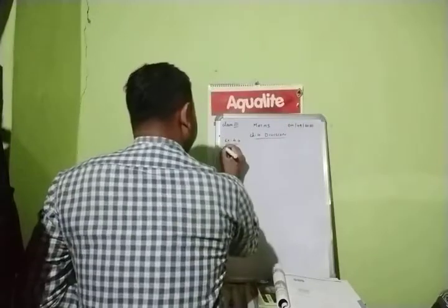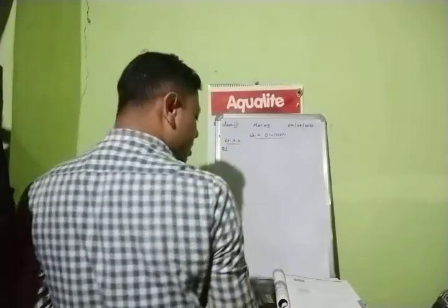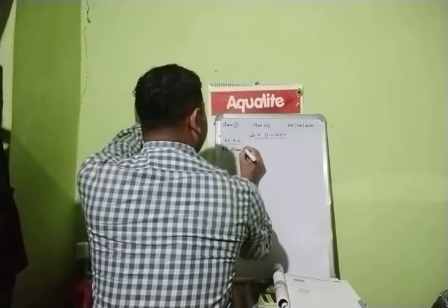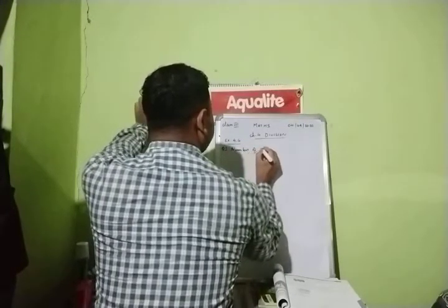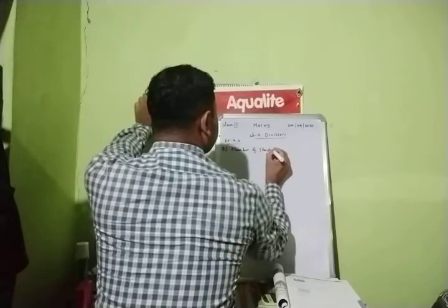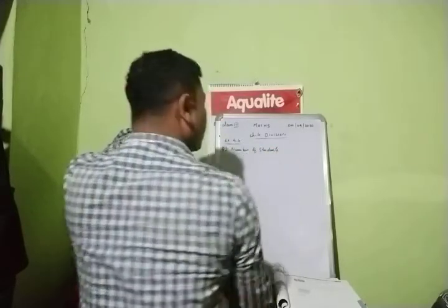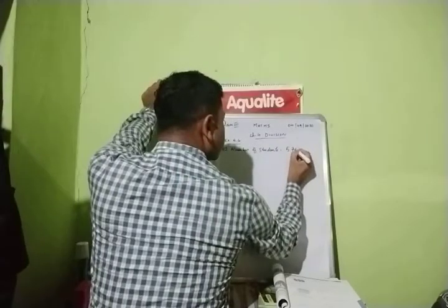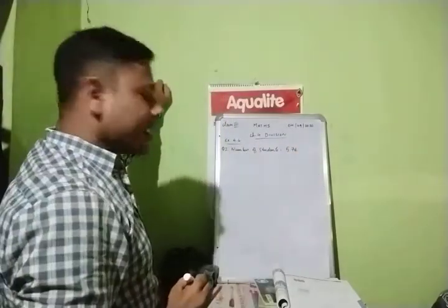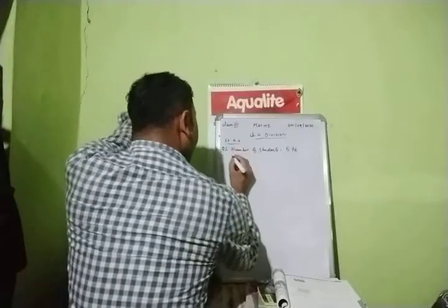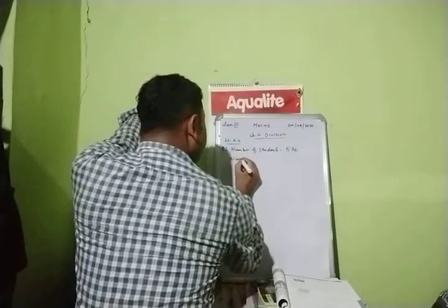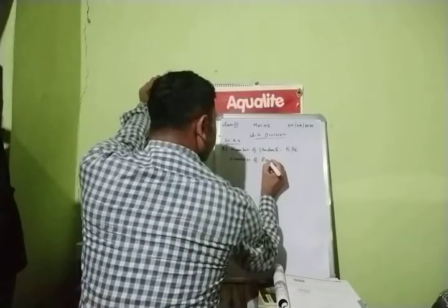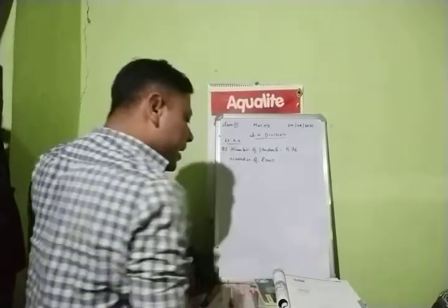Okay, question number 1. What is there? First of all, number of students. First of all, you tell me how many students were there? 576 students. Right? Next, number of rows. How many rows were there? 8 rows.